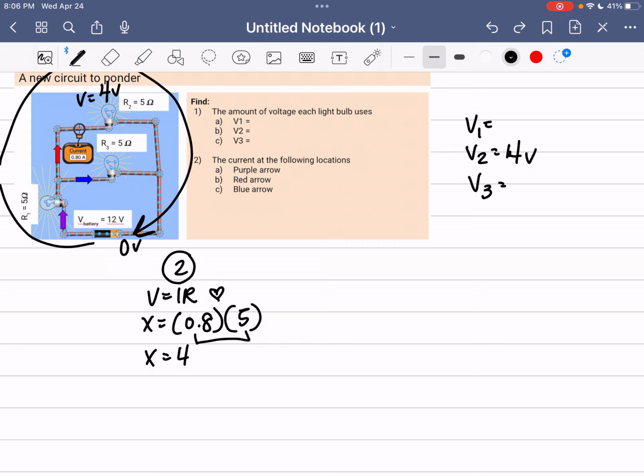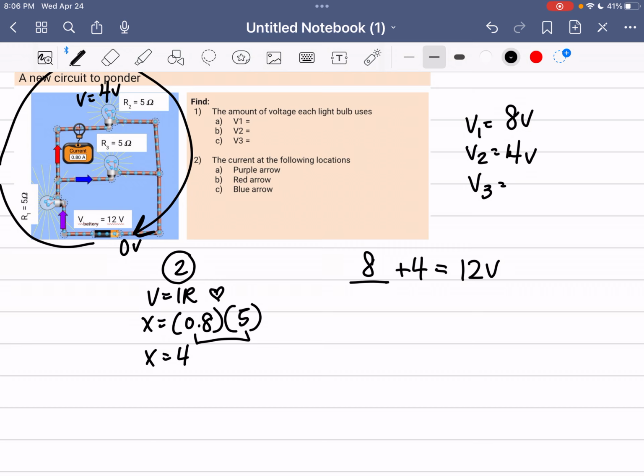So what plus 4 equals 12 volts? So 12 minus 4, 12, 11, 10, 9, 8. 8 plus 4 equals 12, right? Yeah. Okay, so then voltage of 1 would be 8 volts.